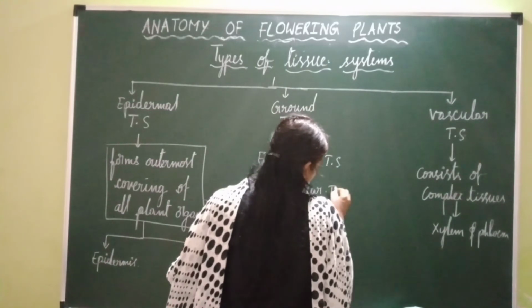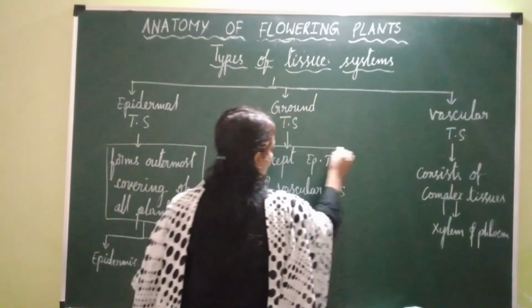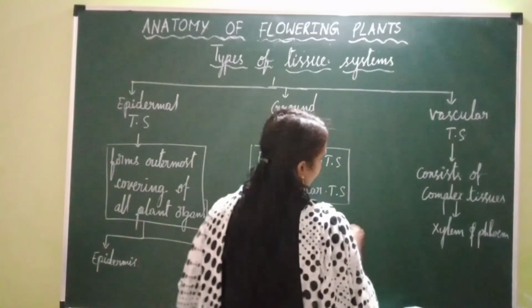Right? Okay, so this ground tissue system includes three components.